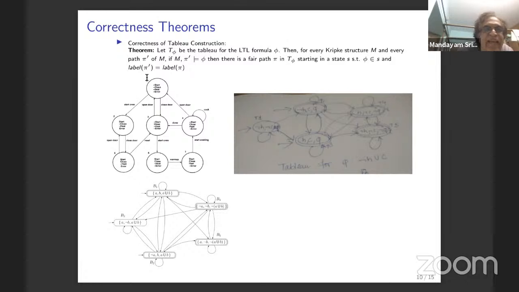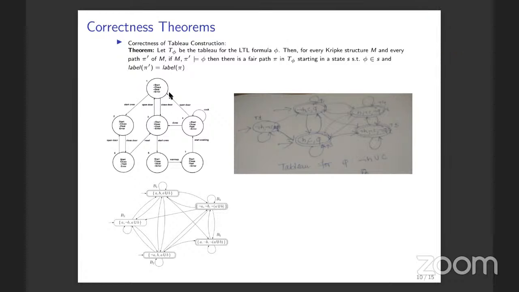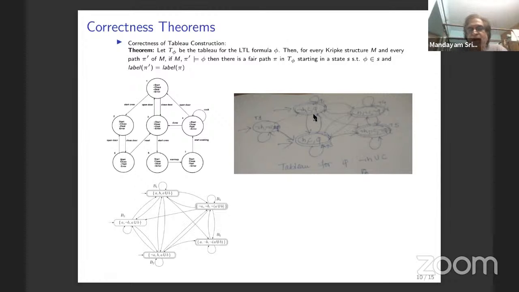If you just get the labels, the trace containing only the labels, then for every path in any Kripke model that satisfies this property, you will actually find a state in the tableau which contains that formula and then mimics that particular satisfying path in the tableau. And that's because by construction, the tableau.